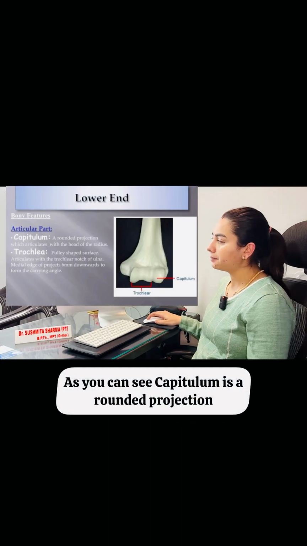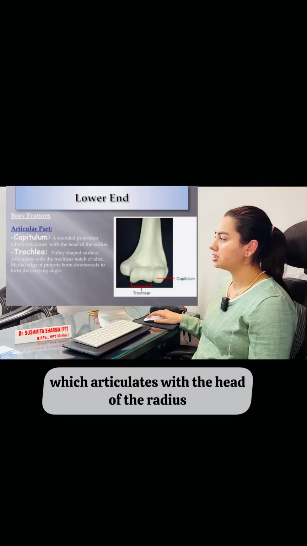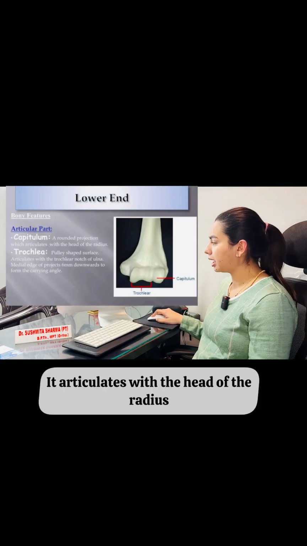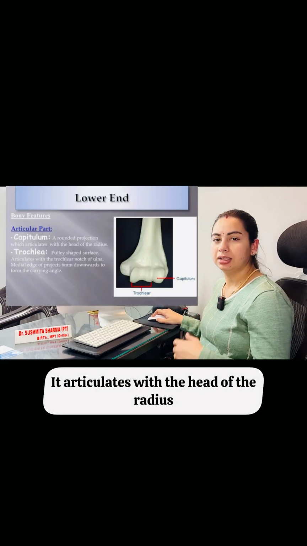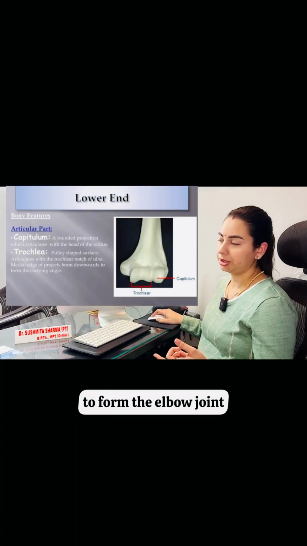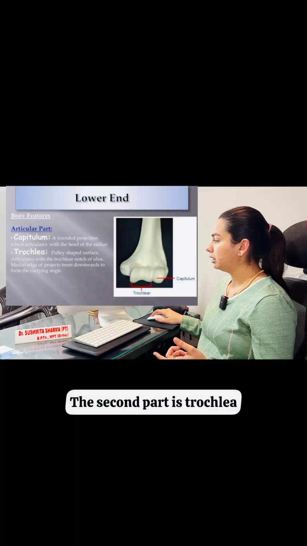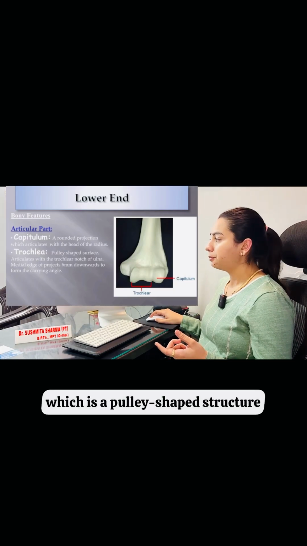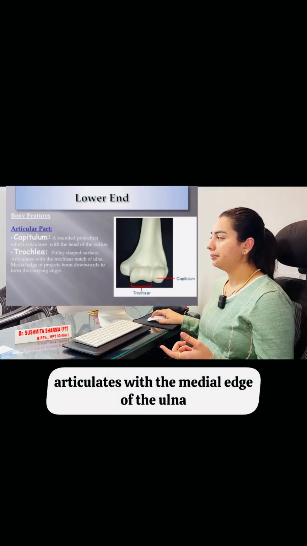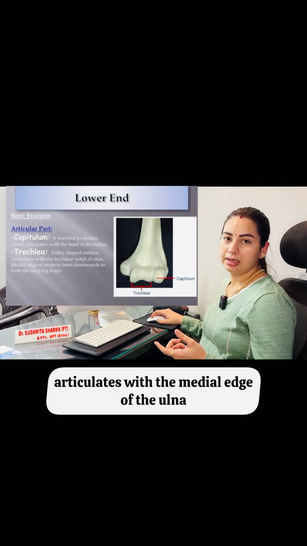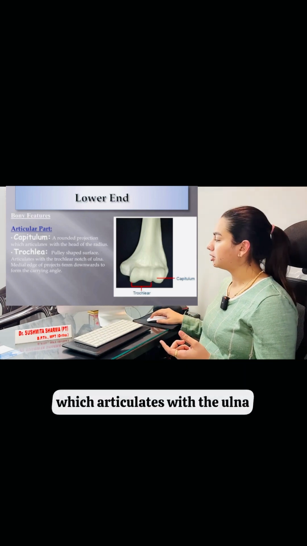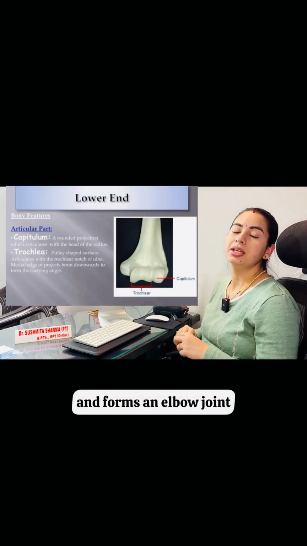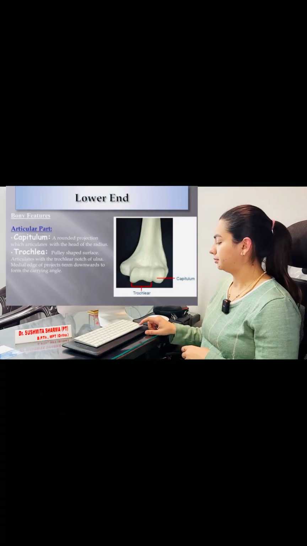As you can see, the capitulum is a rounded projection which articulates with the head of the radius to form the elbow joint. The second part is the trochlea, a pulley-shaped structure which articulates with the ulna at its trochlear notch, and together with the radius forms the elbow joint.